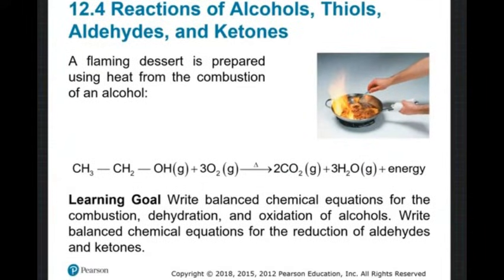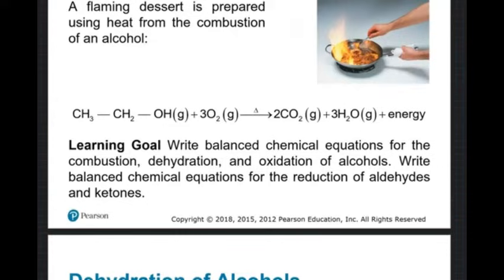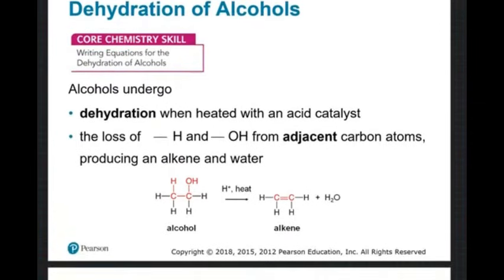So, the reactions. Alcohols burn. But alcohols also can undergo the process of dehydration. So look at this alcohol. This is ethyl alcohol.